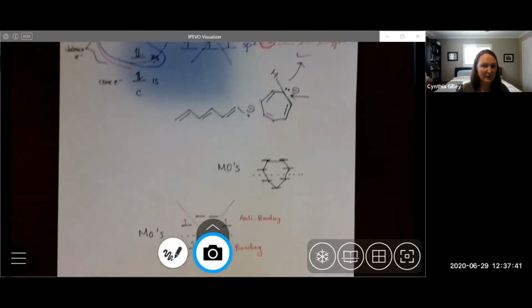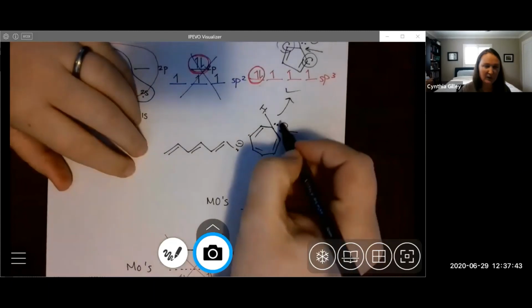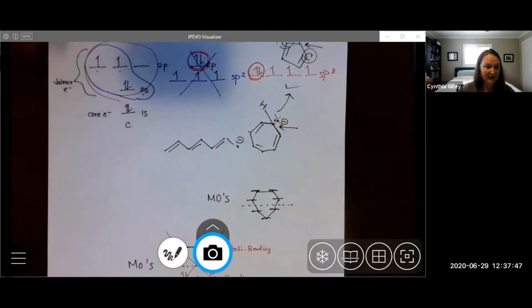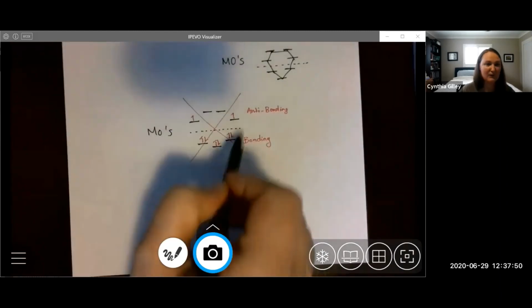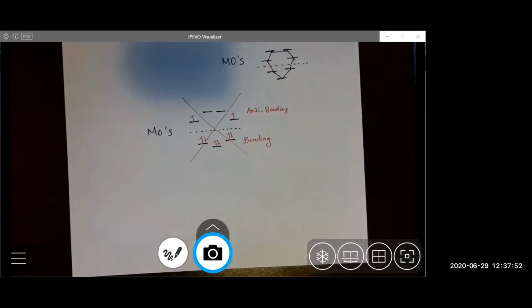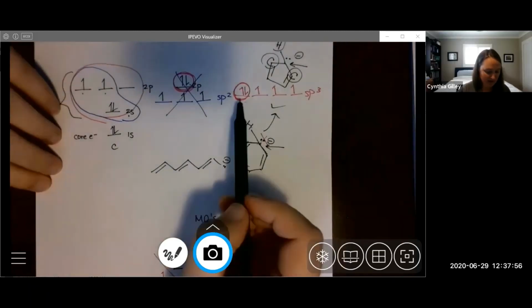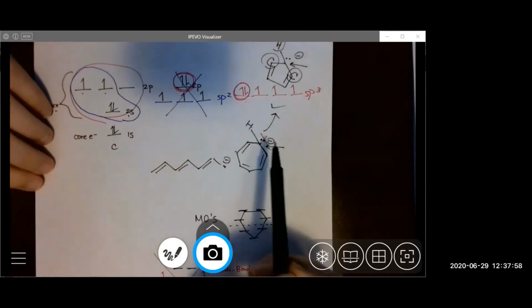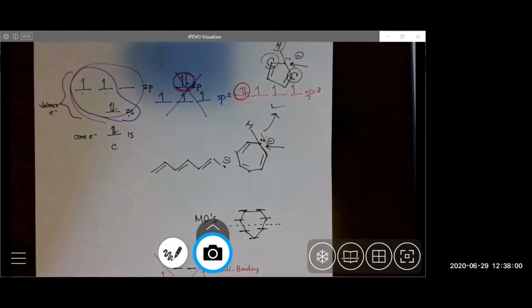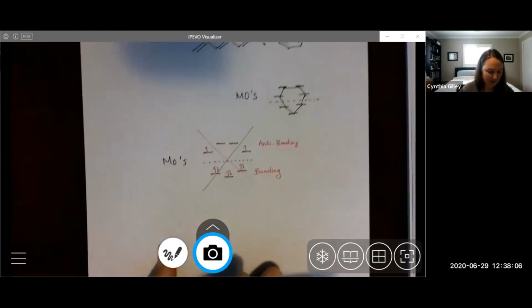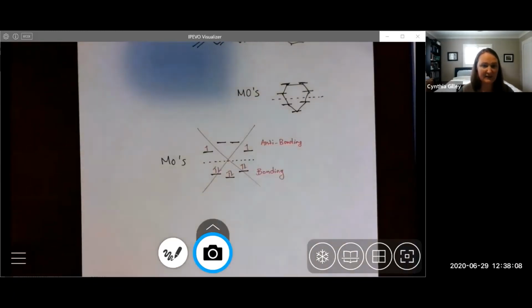How does it not form them? Don't put the electrons in a p orbital, and all of a sudden there's no p orbital here, and I don't make these through overlapping 7 p orbitals. So they stay in the sp3, right? And then we don't have that bad set of molecular orbitals. It just doesn't exist. It's not going to be stable this way, so it will not do that.